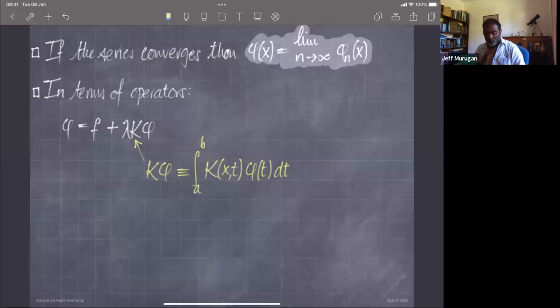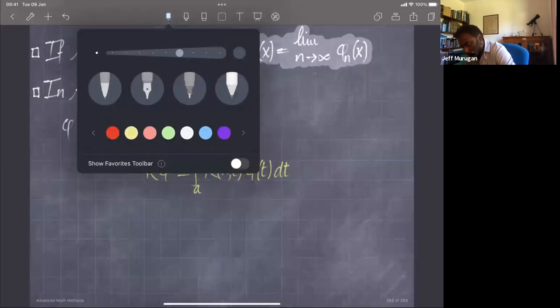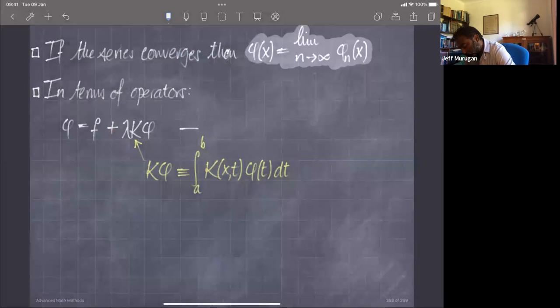Now, in the same way that I can state the integral equation symbolically, I can solve the integral equation symbolically. So the solution of this integral equation is what I get when I take phi all the way to the left-hand side and then divide through by 1 minus lambda k, which really means find the inverse of the operator 1 minus lambda k and act on it from both sides.